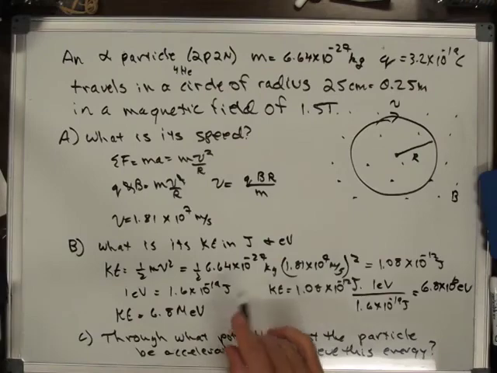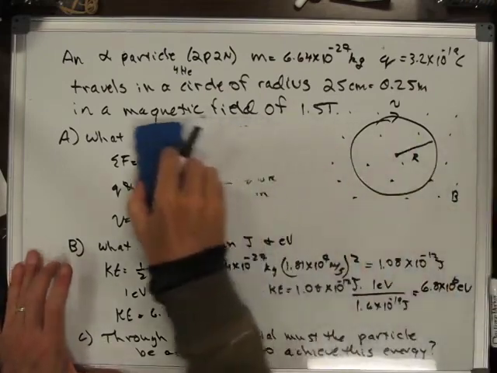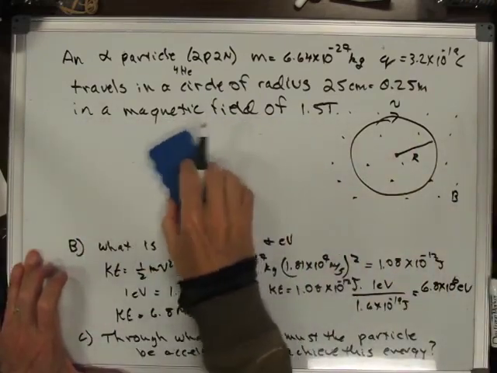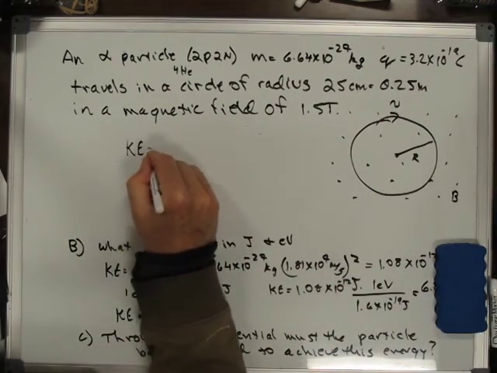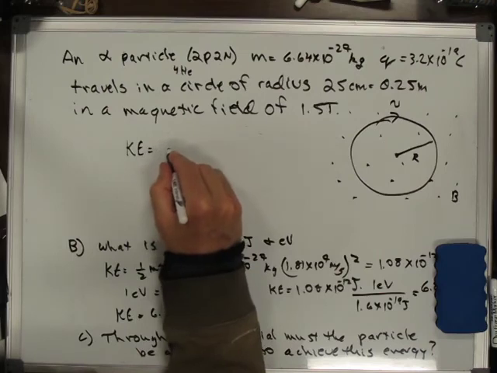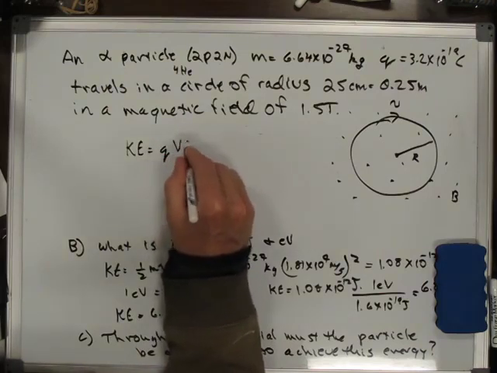So the energy is just all the potential energy converted into kinetic energy, and so it's equal to QV.